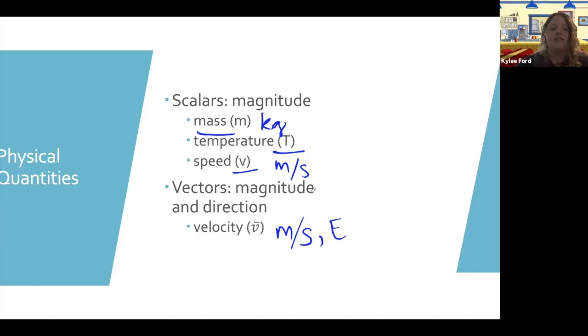You can't really say mass is 10 kilograms east. That doesn't make any sense, right? But with velocity, if we're going 30 miles per hour west, it makes sense to have a direction on it. Just given the speed, it tells you how fast you're going.